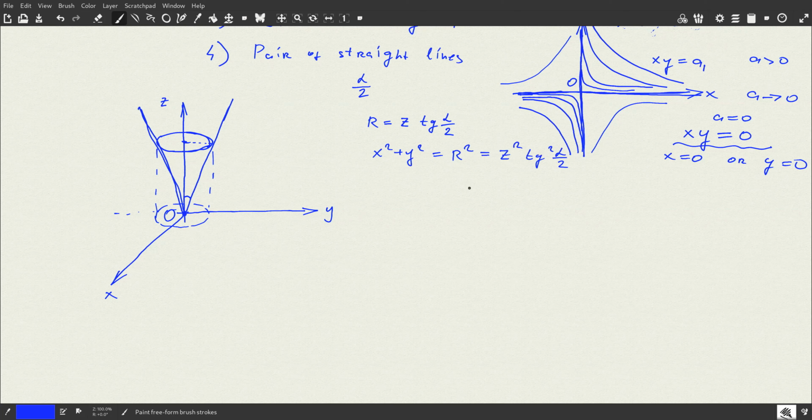Or let us denote tangent of half alpha by, let's say again, a, and then we have x squared plus y squared equals a squared z squared. That's a three-dimensional equation for our cone, all right?